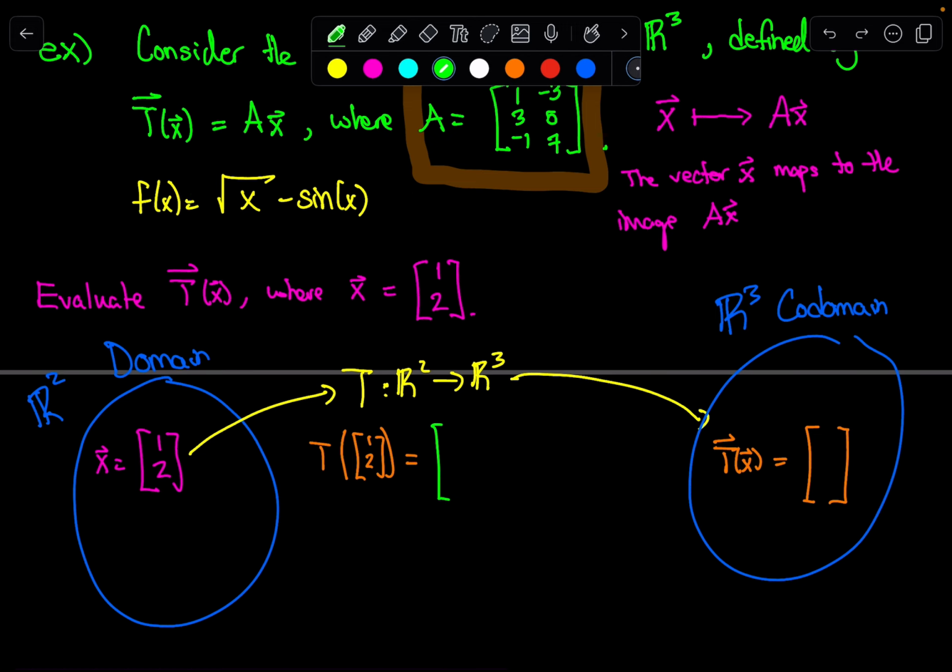I have this box of numbers, 1, 3, -1, -3, 5, 7, and we multiply this by the vector 1, 2. That is literally the definition of what it means to be this particular transformation. So this is like our matrix A, this is like our vector x, and it's going to pop out some vector b. This is a very important concept that I just wrote down.